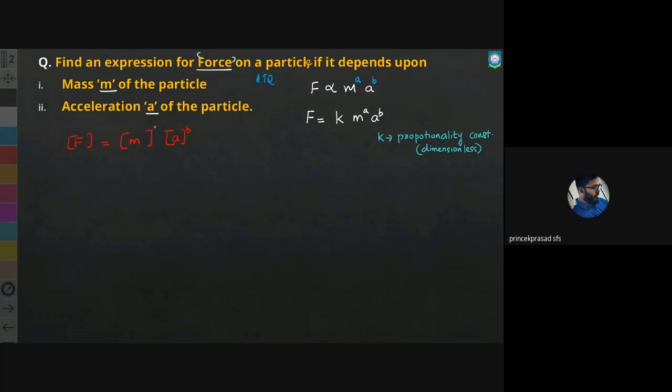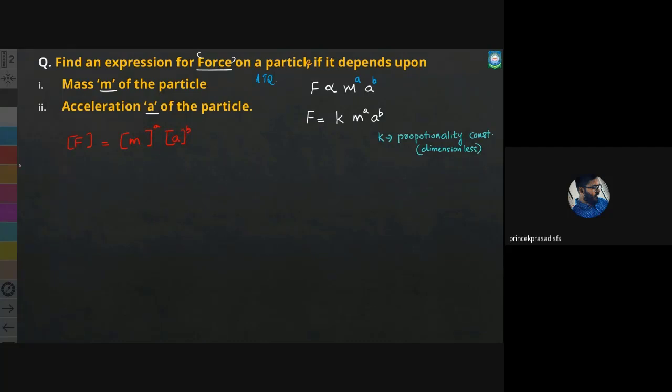Put that a and b outside the bracket. That is better. Is this step clear? How did I write it? By applying the principle of homogeneity, I can write the dimension of force will be equal to the dimension of mass raised to a times the dimension of acceleration raised to b.